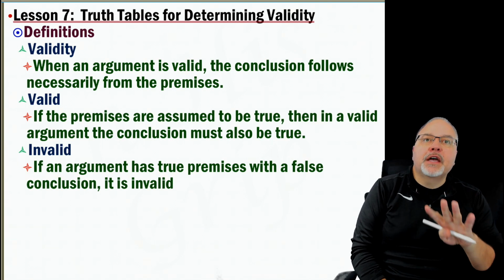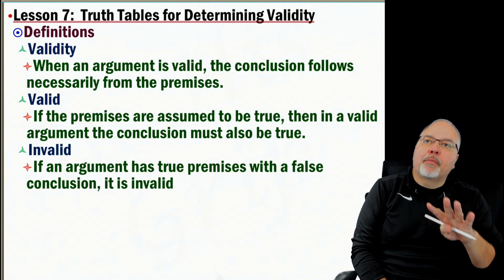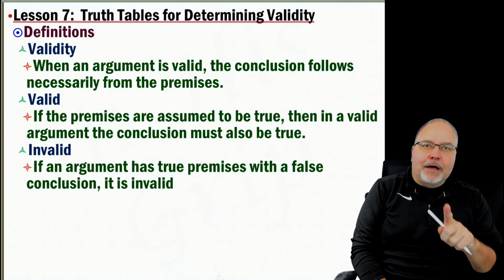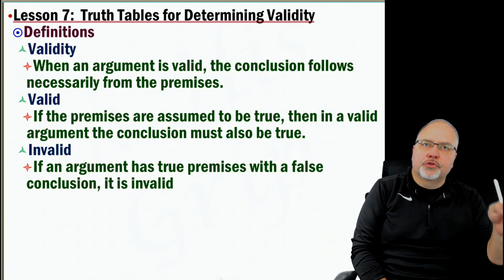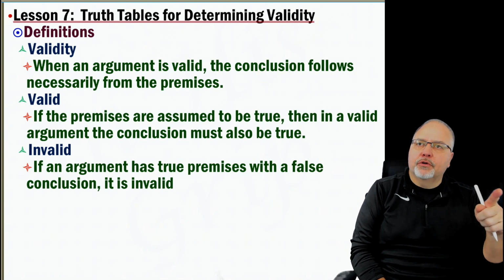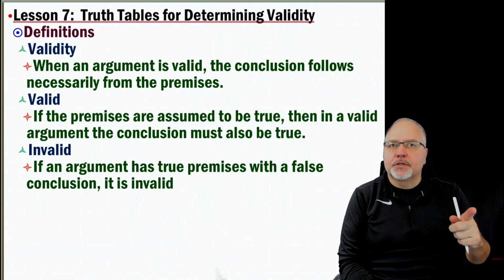Now, these definitions become very important because you need to remember under what circumstances we're looking at these things with a truth table. For a valid argument, the premises must be all true and the conclusion then should follow. So that leads us to certain results.